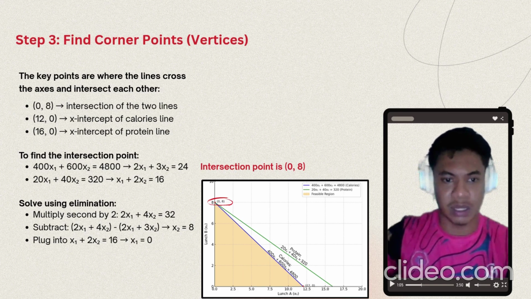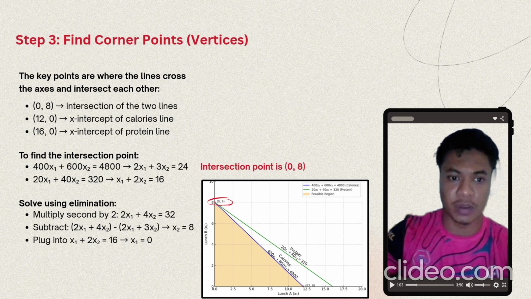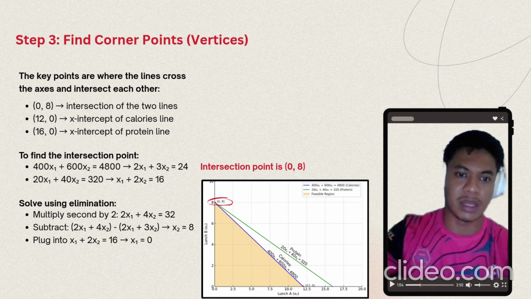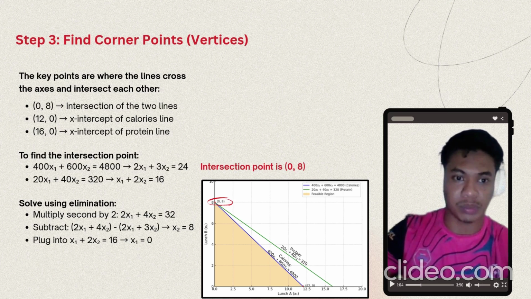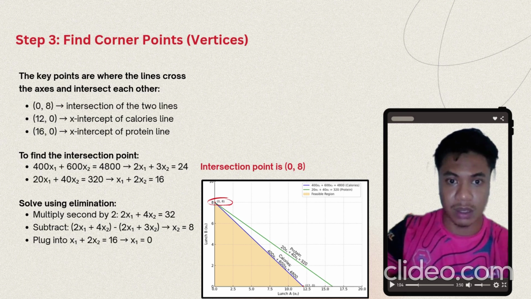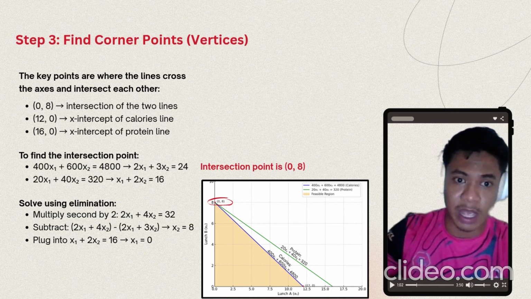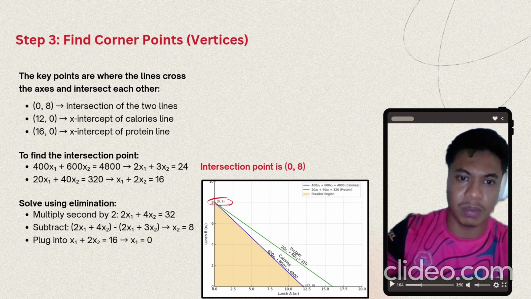Using the substitution or elimination method, multiplying the second equation by 2, we get 2x1 plus 4x2 equals 32. Subtracting (2x1 plus 3x2) from (2x1 plus 4x2) gives 32 minus 24, so x2 equals 8.